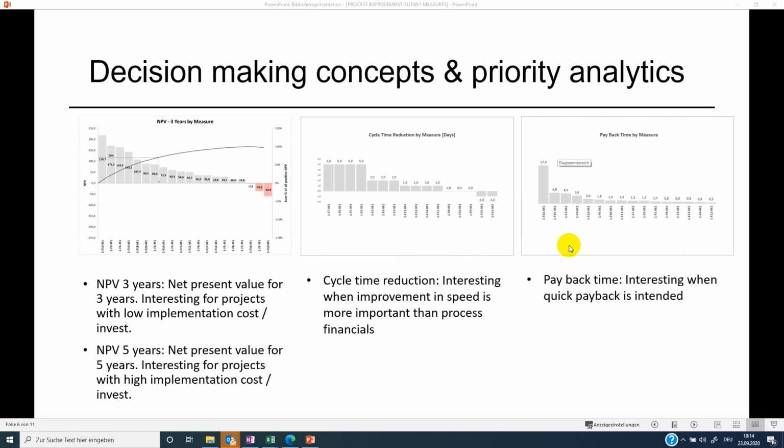So again, the three decision-making concepts: as you can see on the x-axis, you have the different measures named by their index or by their identification number, and you can pick the ones that are most promising, as for example in the NPV 3 years by measure evaluation.